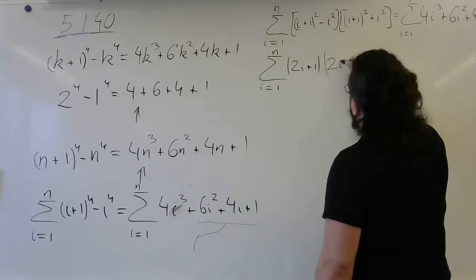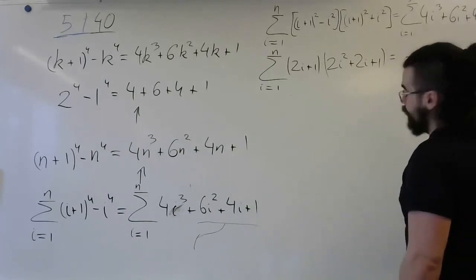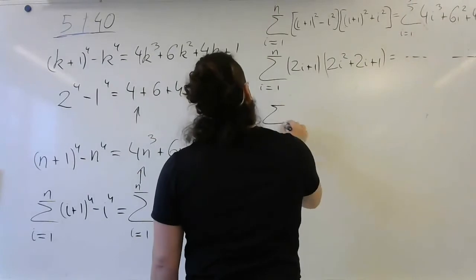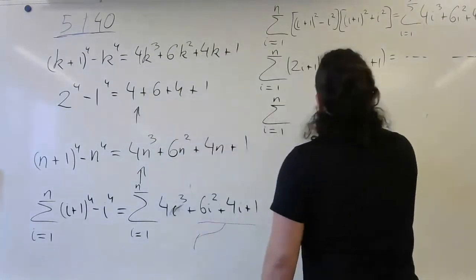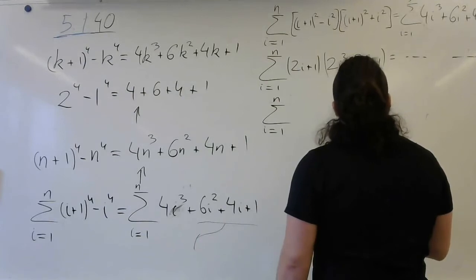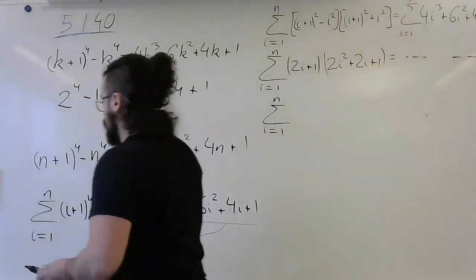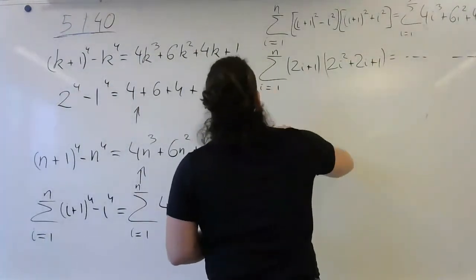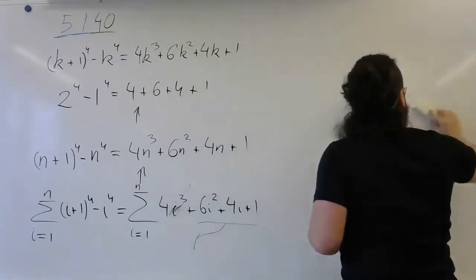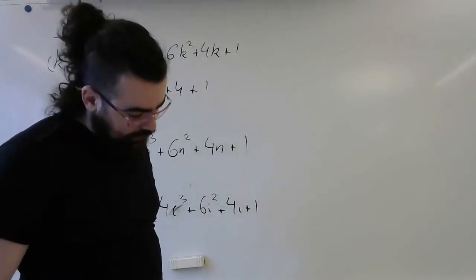And here we have 2i squared plus 2i plus 1, equal to that thing over there. That was a mistake. I actually cornered myself.